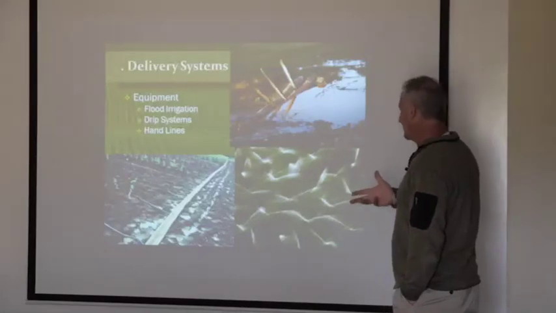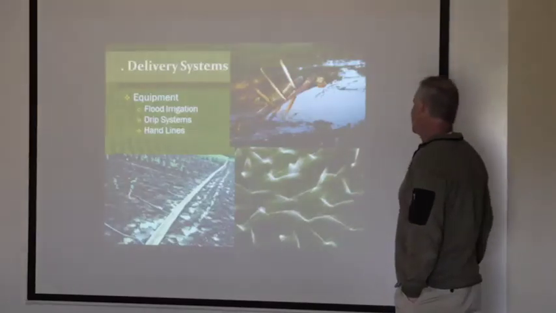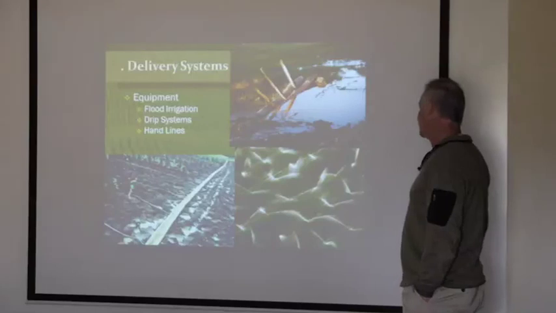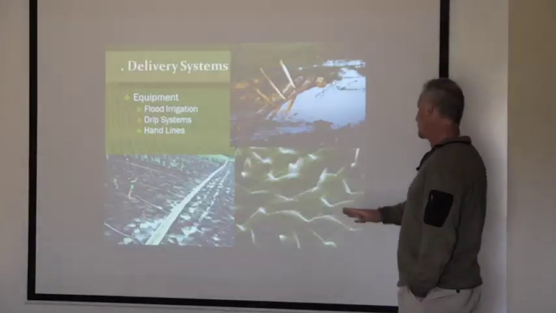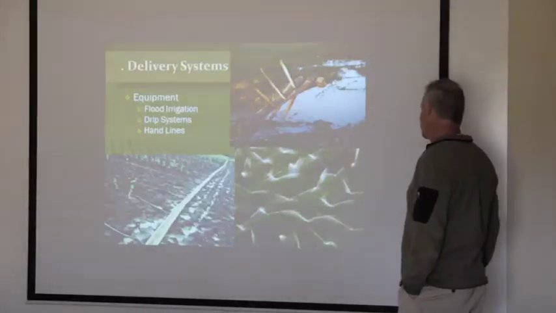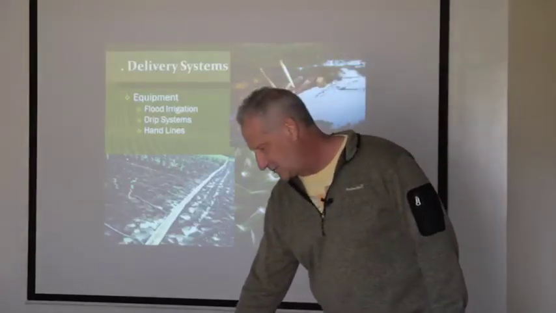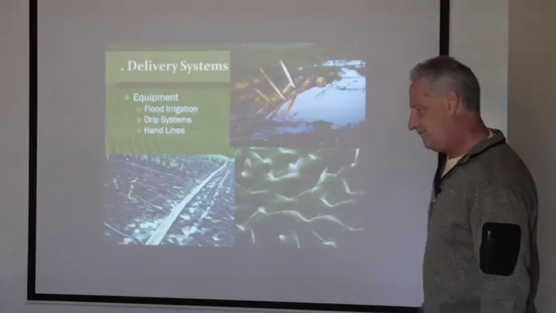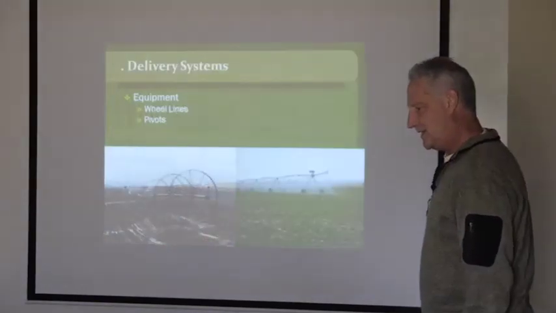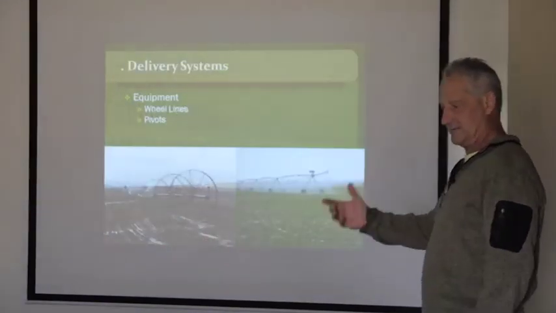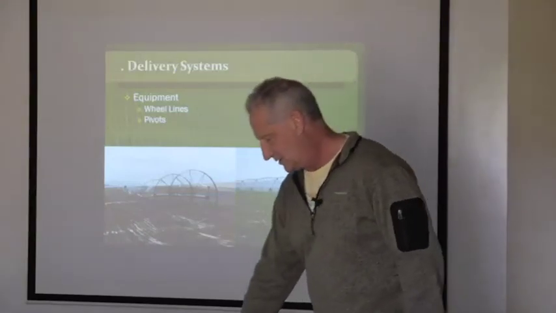I still have some unease about talking about drip systems, but I'm hopeful that this is the last time we talk about them. Hand lines, you guys have seen all these, I'm sure. And then wheel lines and pivots. These are what we are talking about.